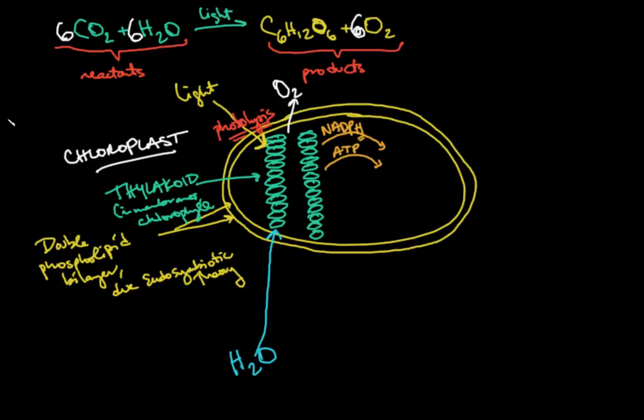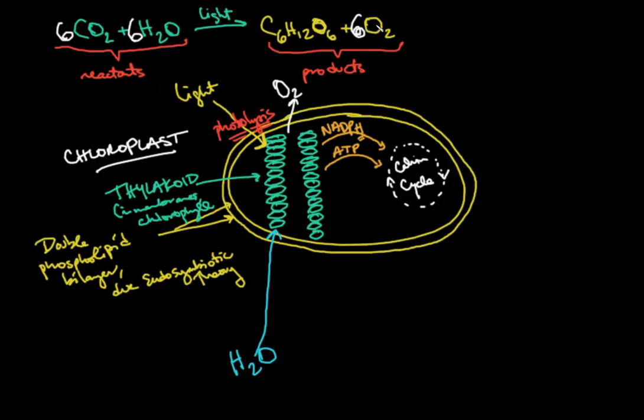And then what that reaction does is those things go through a series of another reaction. And again, we're going to go into more detail about this. It's called the Calvin cycle. Okay? The Calvin cycle.